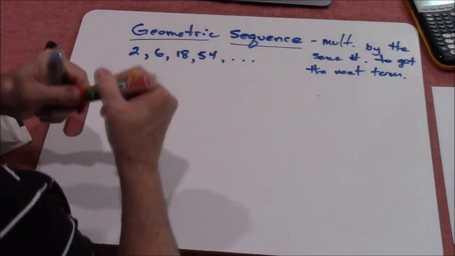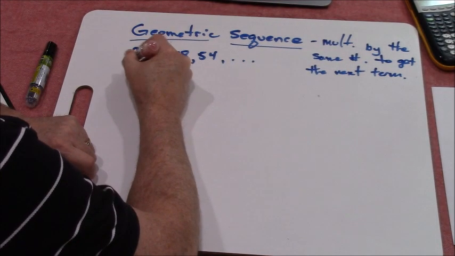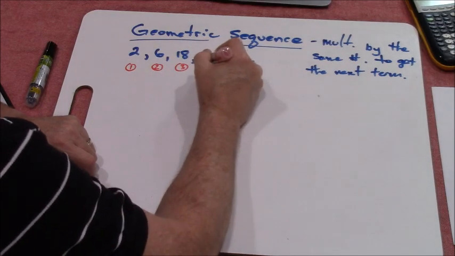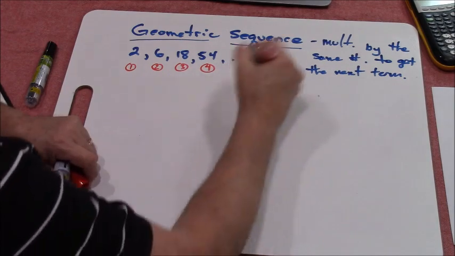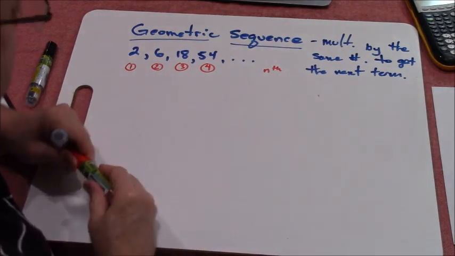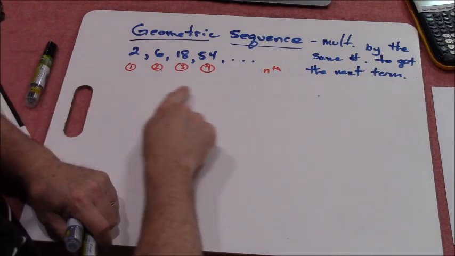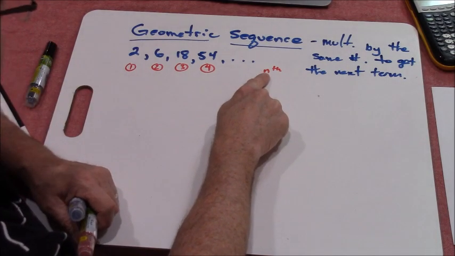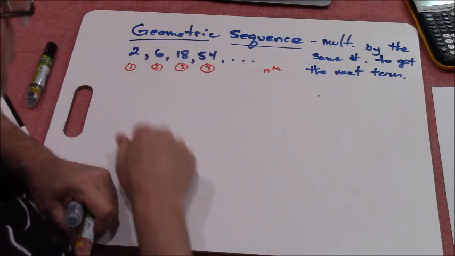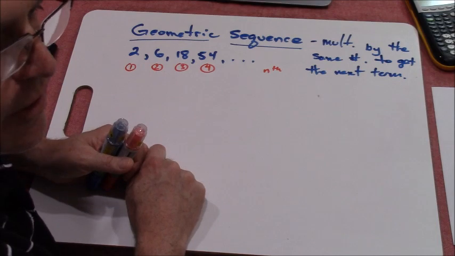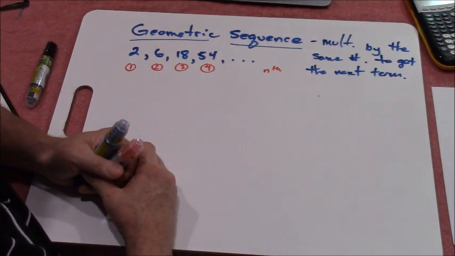So this right here would be our first term, second term, third term, and fourth term, and so on until we get to the nth term. And so our first question here is, how do you find the nth term? If I said, let's just keep on going with this pattern, I want you to find the 27th term, how would we do that?